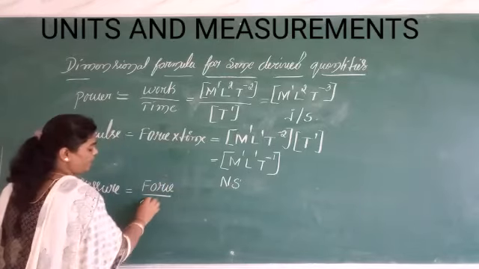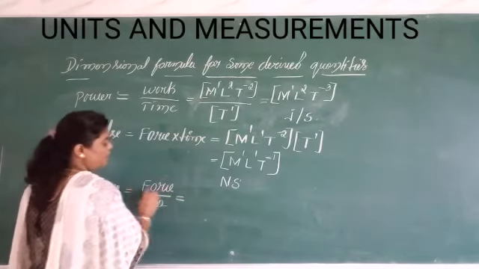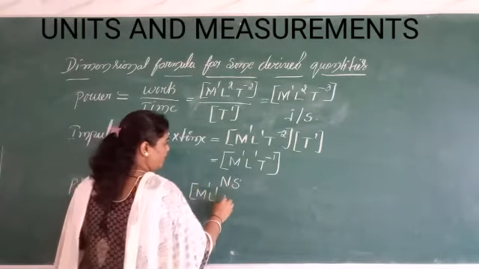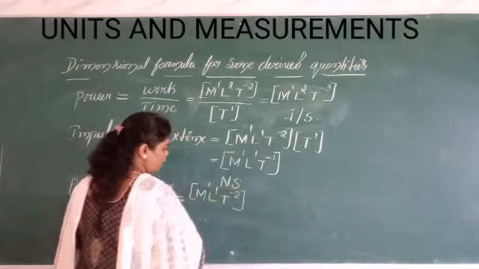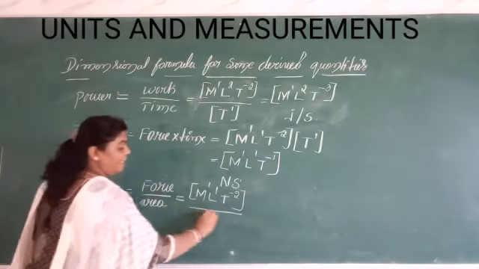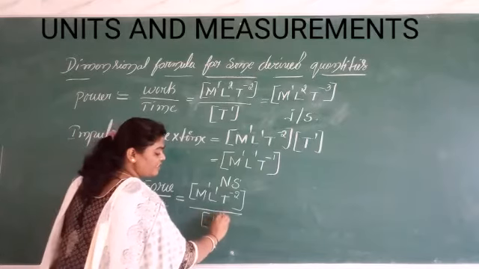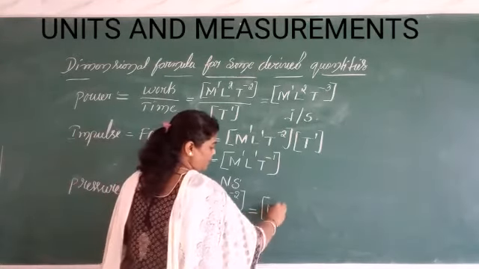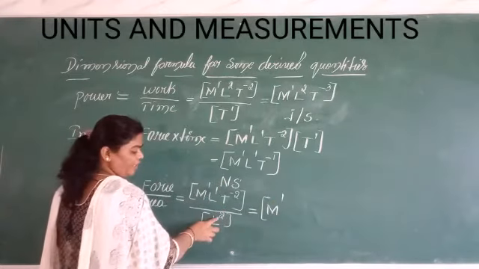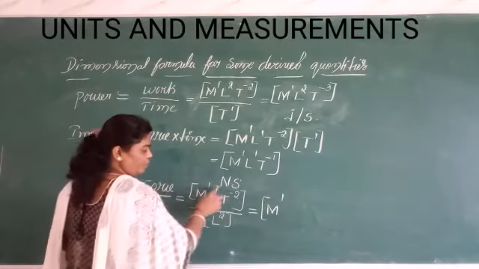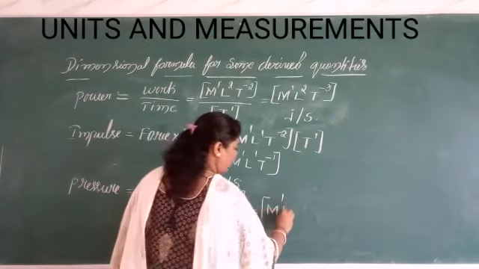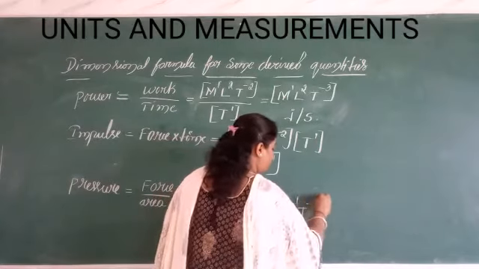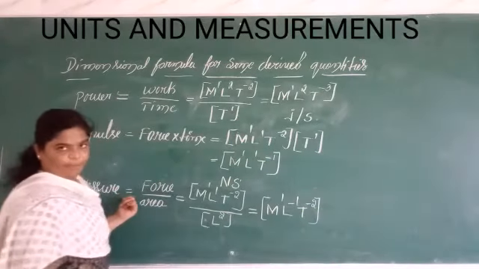Force we already know: M1 L1 T-2. The denominator is area, length into breadth, that is L squared. Taking the denominator up gives -2, so 1 minus 2 is minus 1. M1 L-1 T-2 is the dimensional formula for pressure.